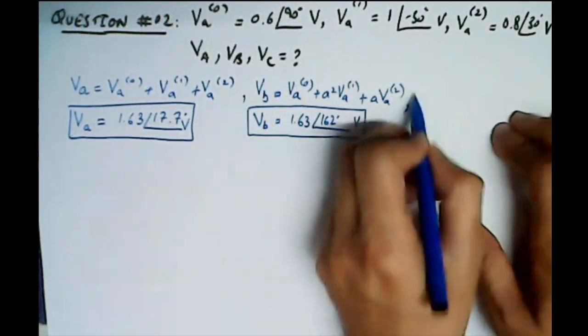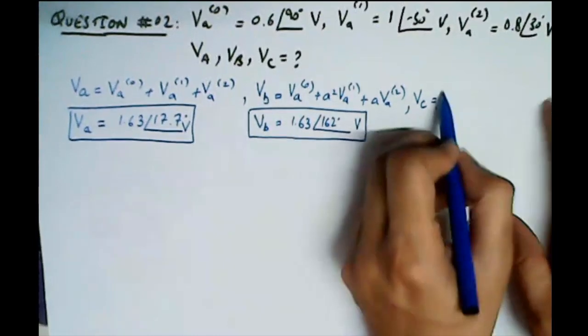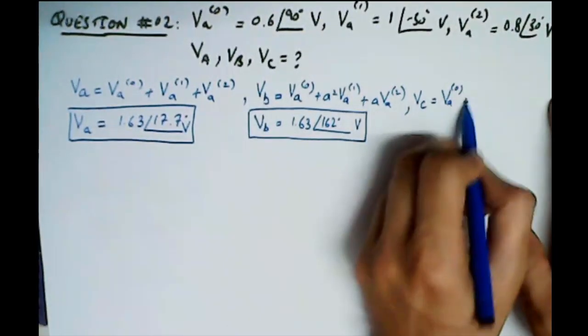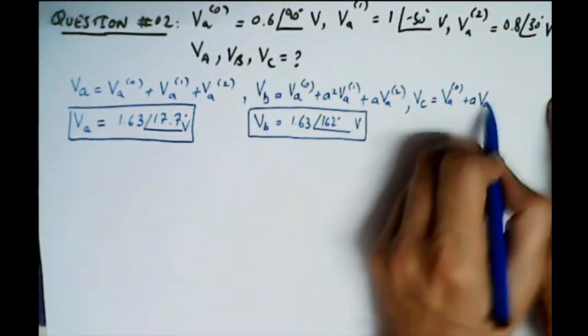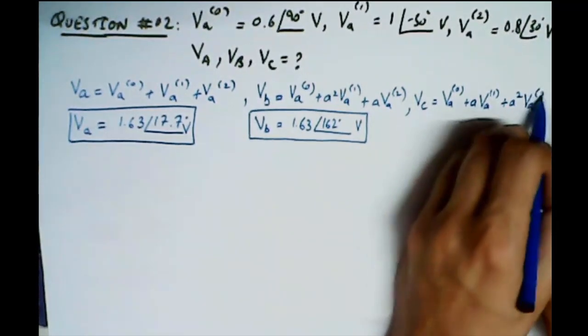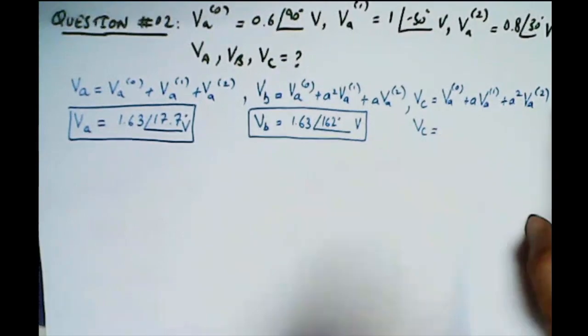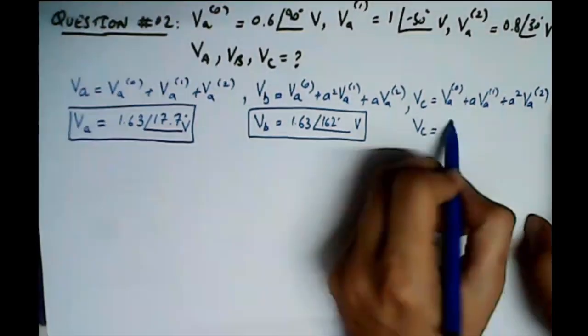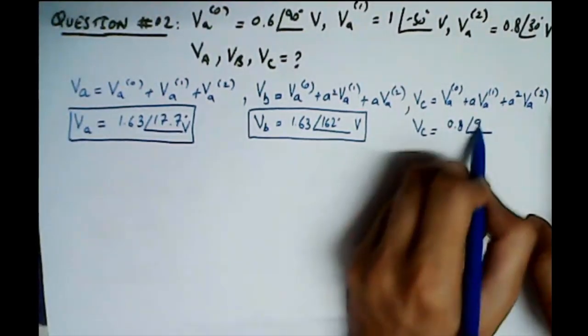And VC will be equals to VA0 plus a times VA1 plus a square times VA2, and this will give me 0.8 angle 90 degrees.